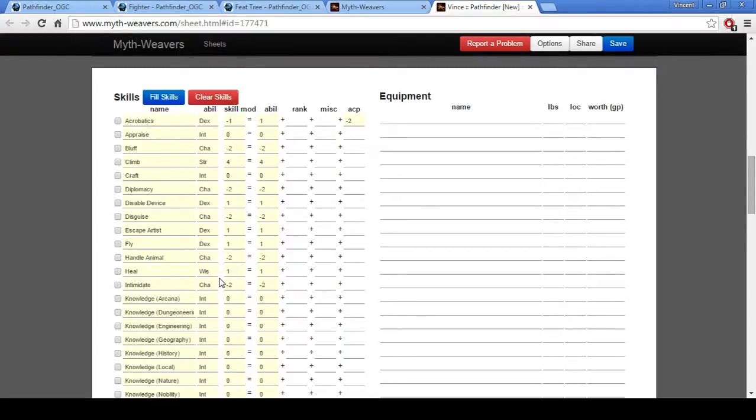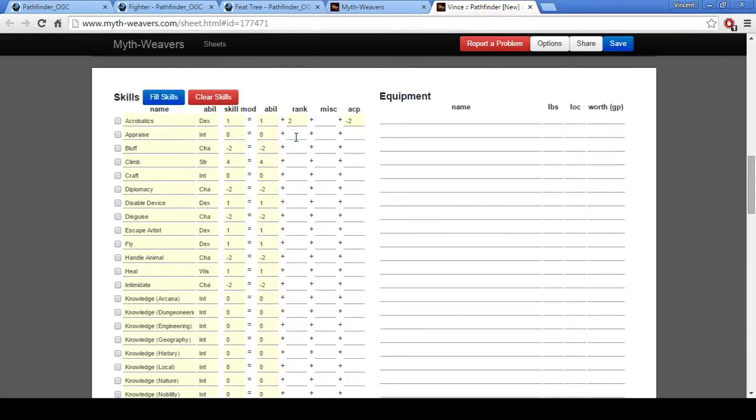In Pathfinder, you are limited in the ranks of a skill to your level. So you can only have one rank at level 1 in anything. So if I want to put a rank into acrobatics, I can only put in 1 at level 1. At level 2, I can make it a 2. Not a 32, a 2. To start slowly creeping up that way.